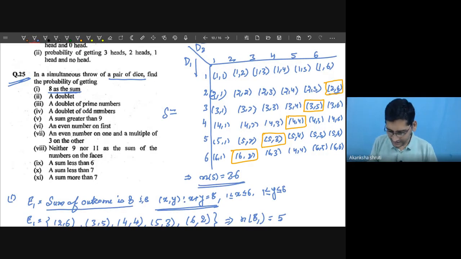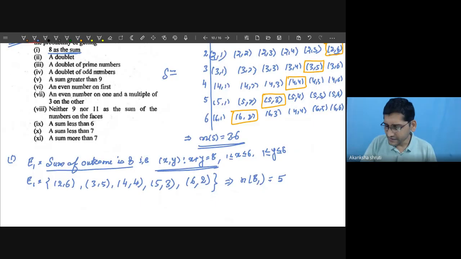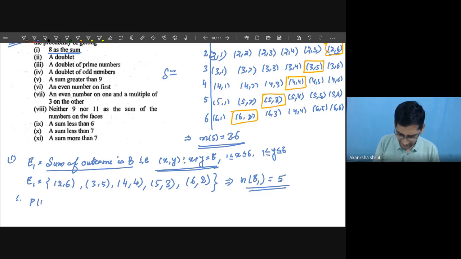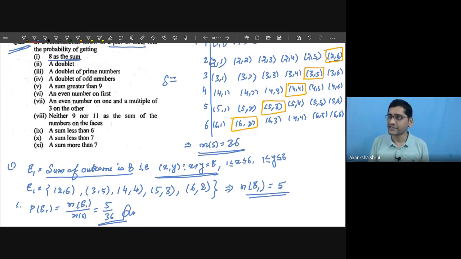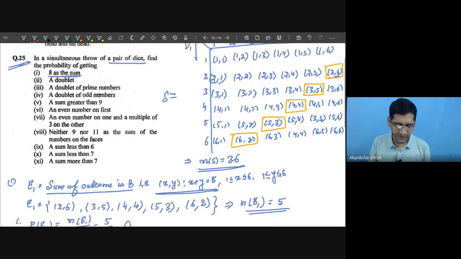So this 36 and this 5 are useful for getting P(E1). n(E1) by n(S) equals 5 by 36. It's so simple. Okay, students. So this way, the purpose is to understand how to write this event. Once you understand writing the event, questions are very simple.